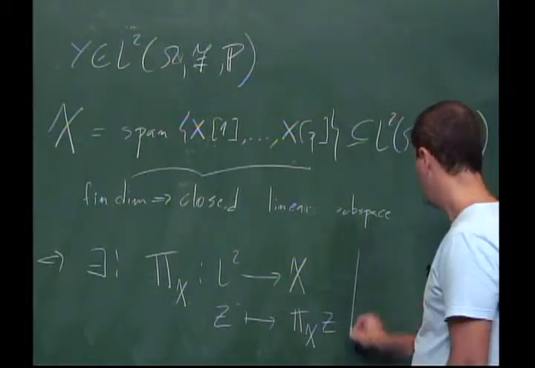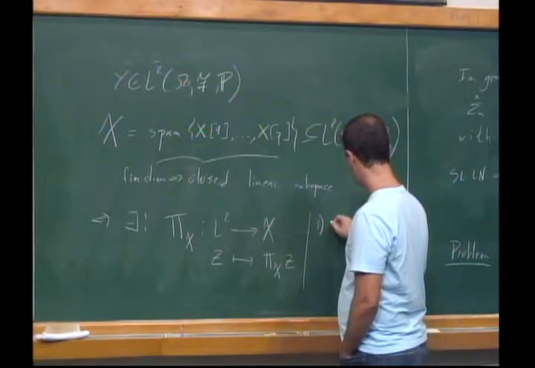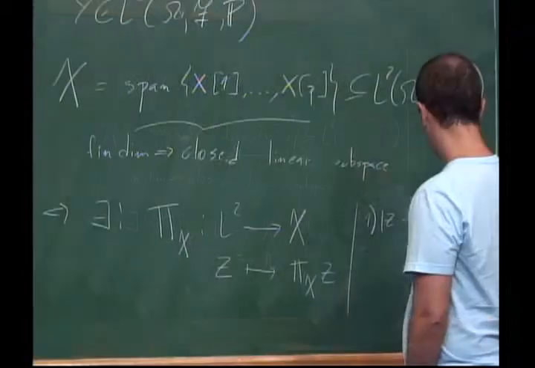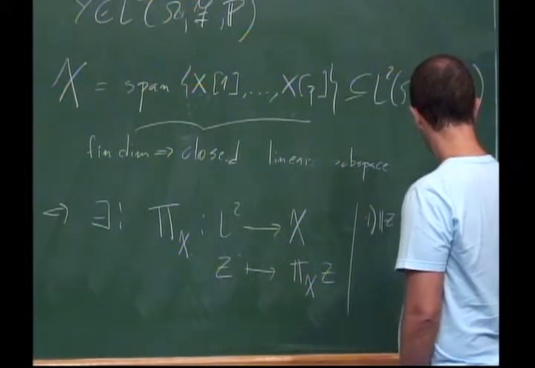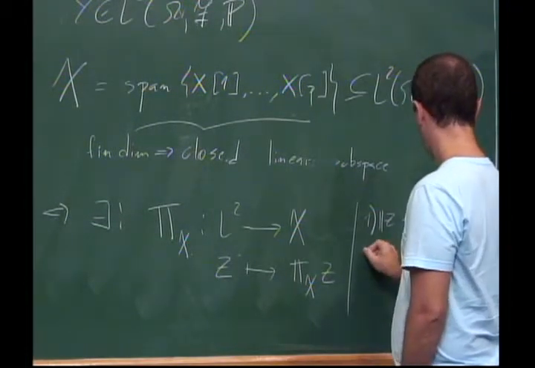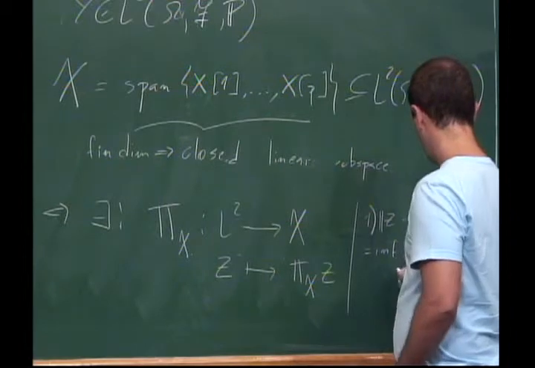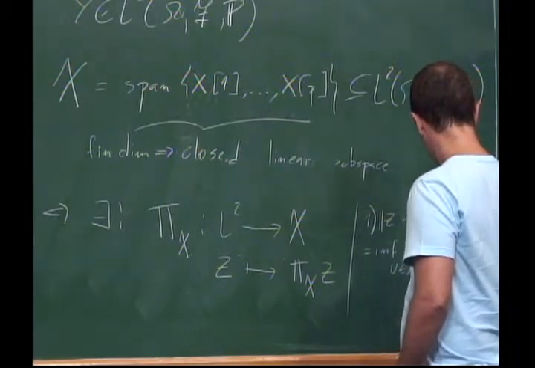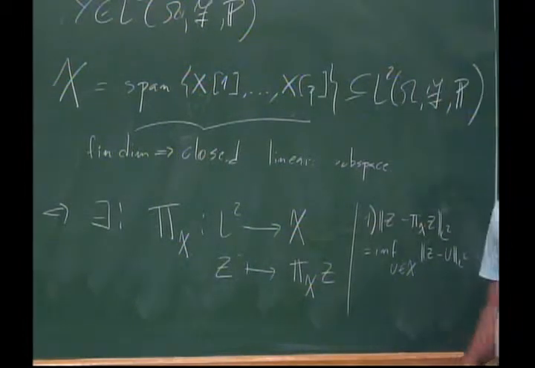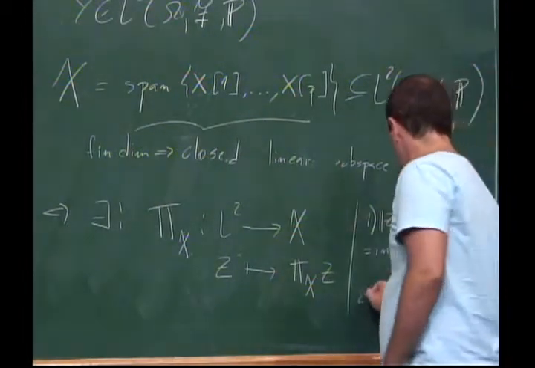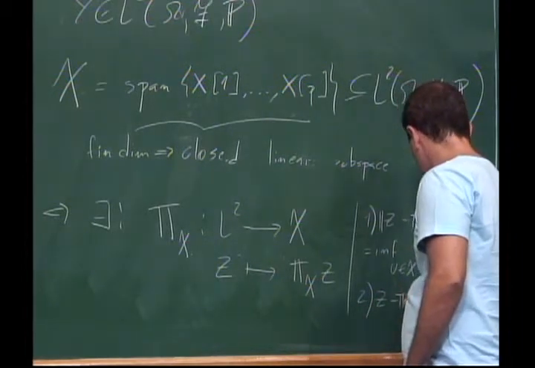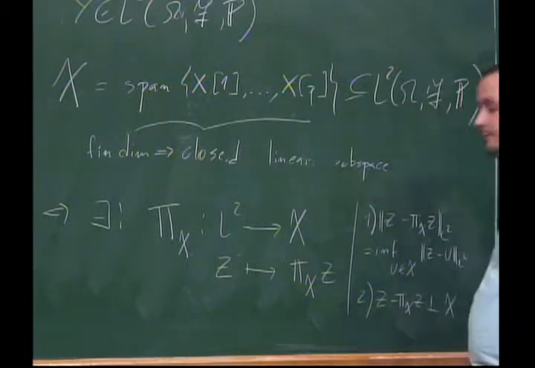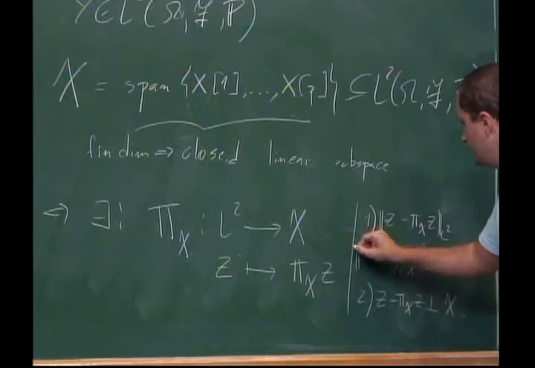One of them: if you take the L2 norm of z minus pi of z, this is the infimum over u belonging to the subspace of the L2 norm of z minus u. There's another way, which is just to say that z minus the projection is orthogonal to the subspace. These are actually equivalent here.